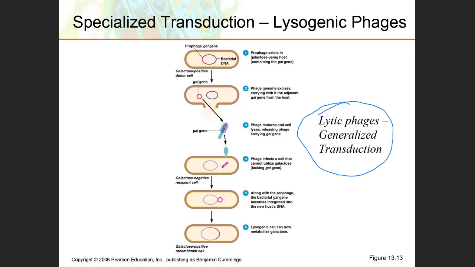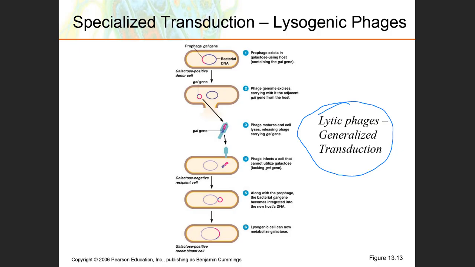And this may represent what happened once and allow the lambda prophage to pick up those nasty toxin genes. But this is a process whereby DNA adjacent to the prophage gets cut out along with the prophage. And so those new viruses that are created are carrying that extra gene, which may be beneficial to the next host they infect.